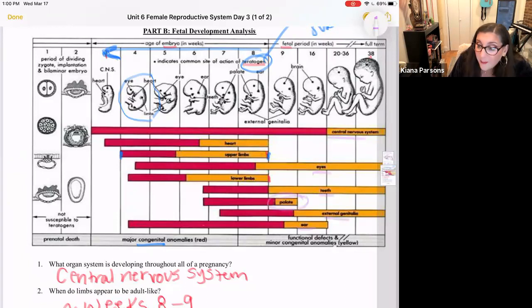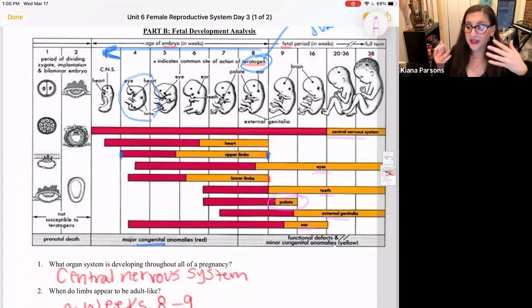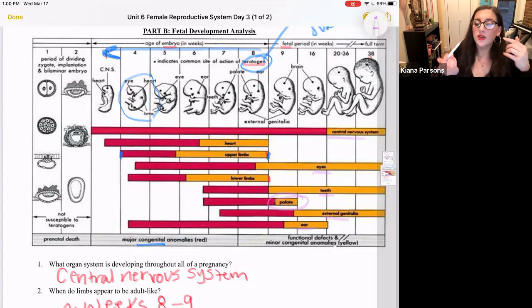And also here, the palate, which if you've ever seen a child that has a cleft palate, so they have sort of a space right here. That is because that is one of the last areas to close. So sometimes exposure to teratogens or genetic abnormalities can cause this cleft palate.